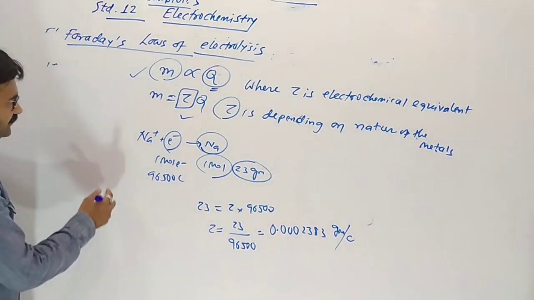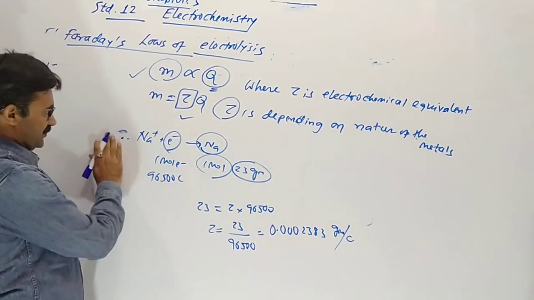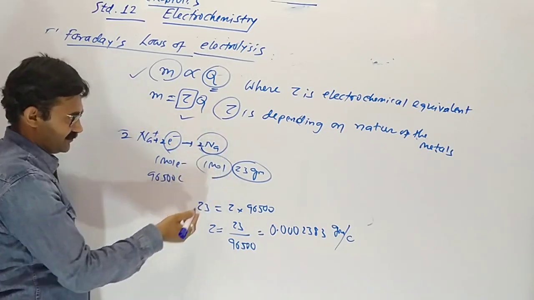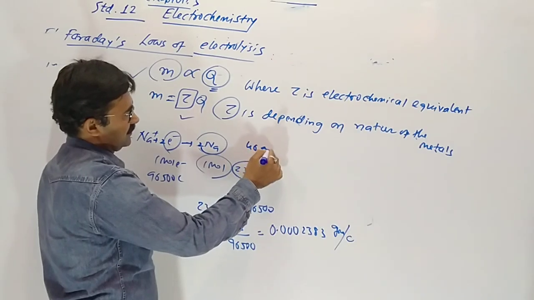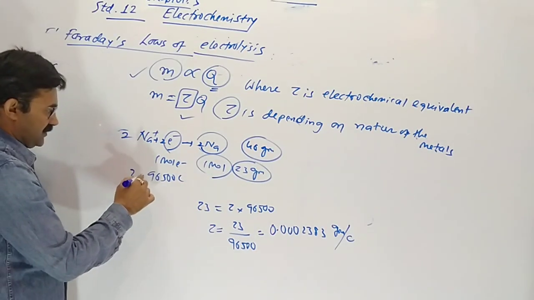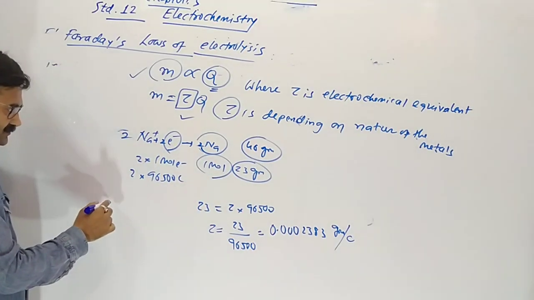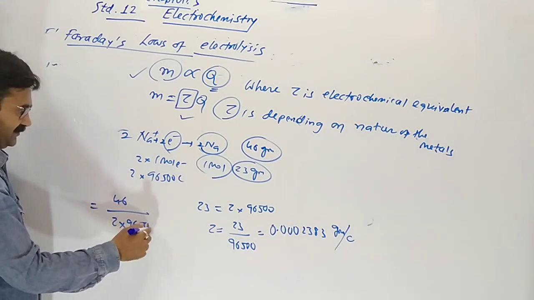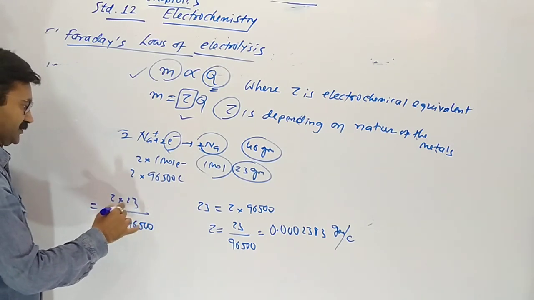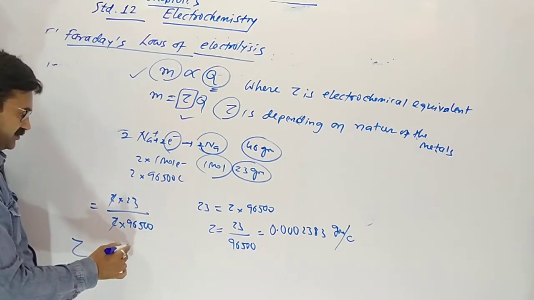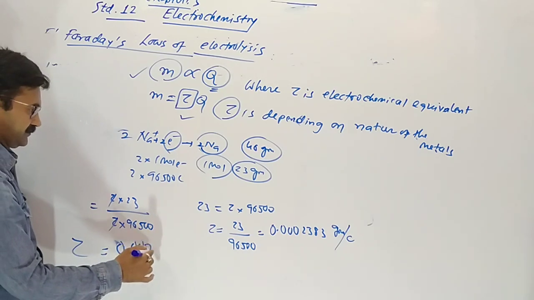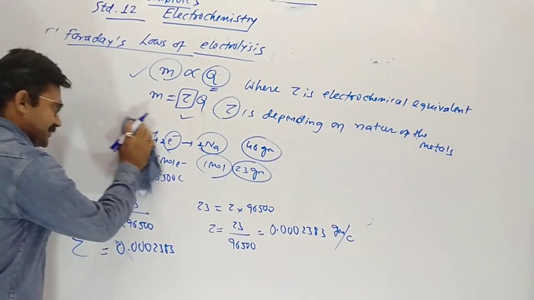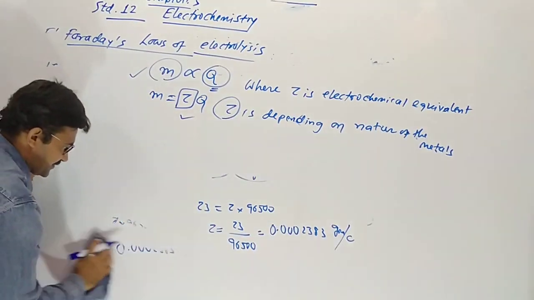If we pass 2 mole of electrons, we get 2 mole sodium, so it will be doubled, 46. Current is doubled, 2 mole. So 46 divided by 2 into 96500, otherwise 2 into 23. So Z remains constant for the same element. If the element is changed, the value will change.